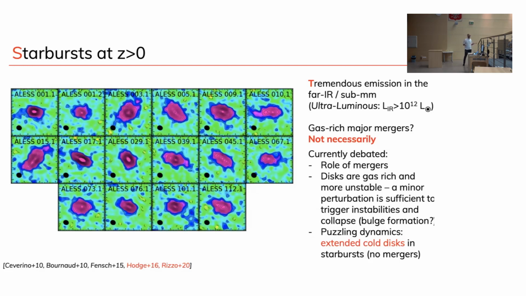These are called sub-millimeter galaxies. That's because they were initially identified as bright dots in the sub-millimeter, at 850 microns, observed at high redshift with the SCUBA instrument. And now this is a version from a very powerful interferometer called ALMA.